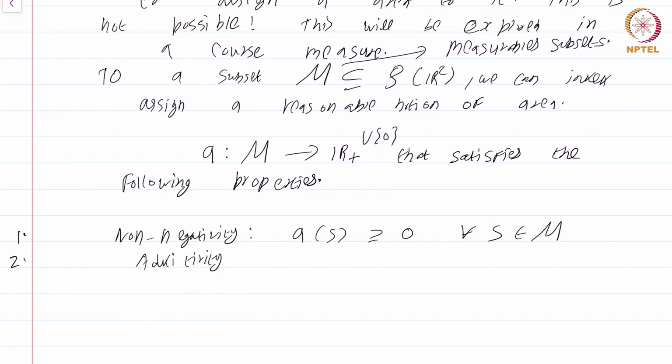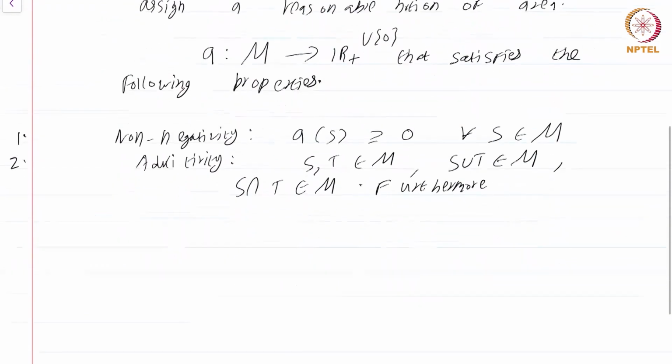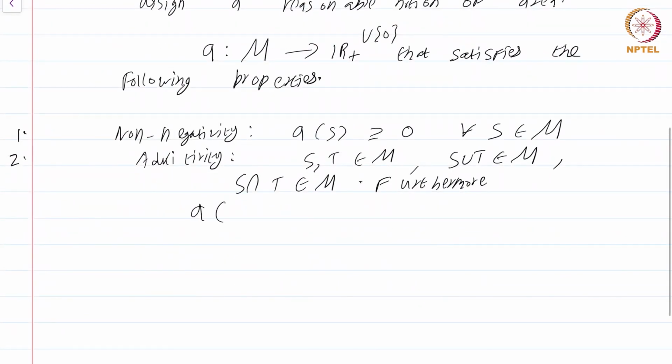This just says that if S, T are in M, then S union T is also in M, and S intersection T is also in M. Furthermore, A of S union T is A of S plus A of T minus A of S intersection T.